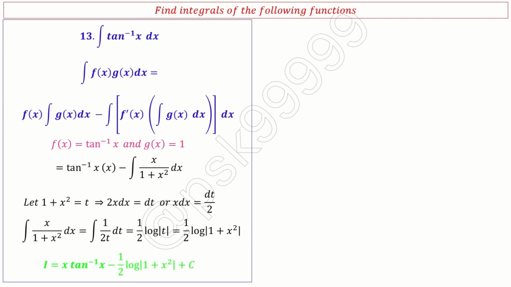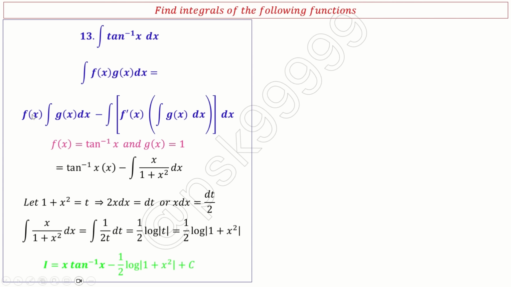If it is f of x, then f dash x is 0, and I don't get anything useful out of it. So tan inverse x I will take as f of x, because inverse functions are above algebraic functions. So my f of x is tan inverse x, g of x is 1.